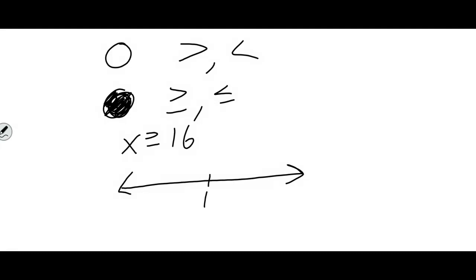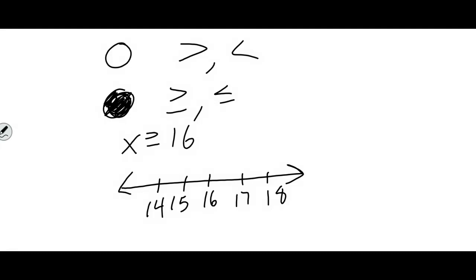We can put it in the middle, and you can put one number on both sides. Can I put more than one number on both sides of it? Yes, absolutely. This goes on forever and ever. All right. x is greater than or equal to 16.